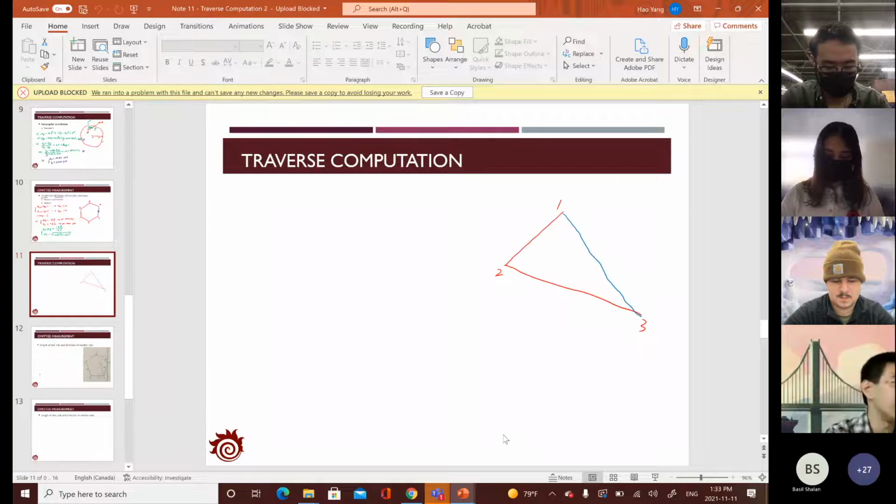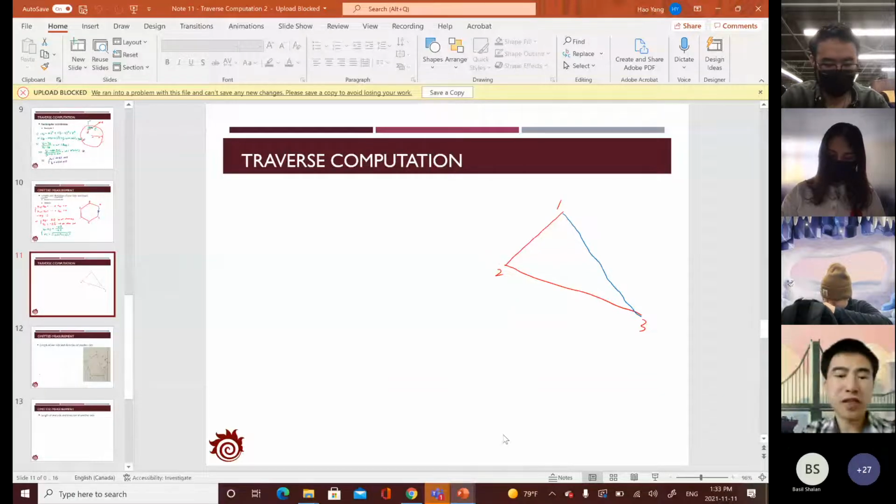So that's the first situation, and we'll try to go through more examples about the missing size or the missing direction information.